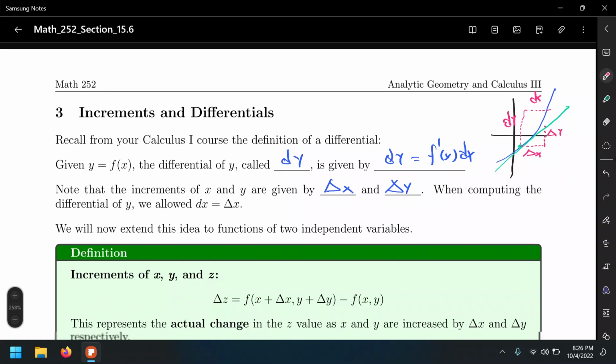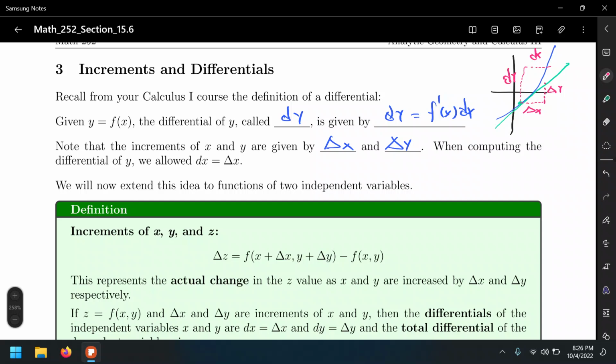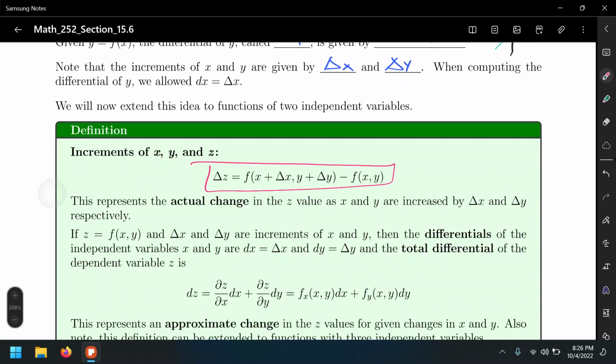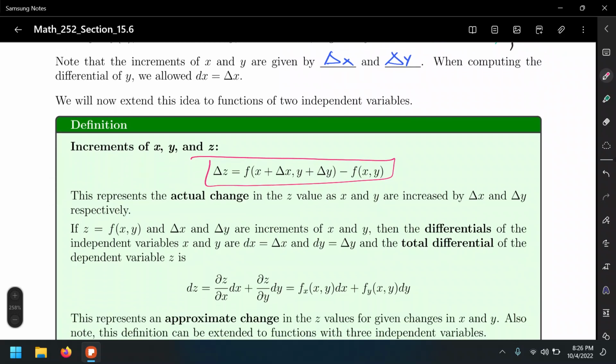Extending this idea to functions of two independent variables, we already looked at this delta z, which is the actual change of the function, f of x plus or minus its increment or decrement, minus the original function. So that's going to be our actual change. But when it comes to the differential, this time it has a different name.